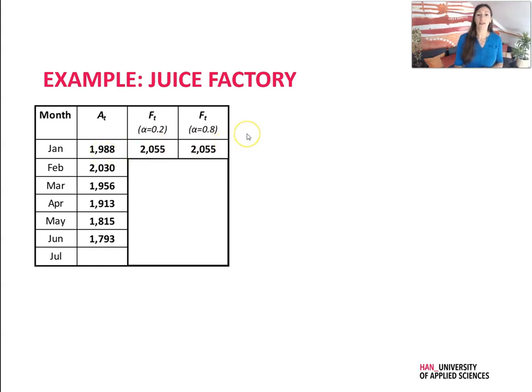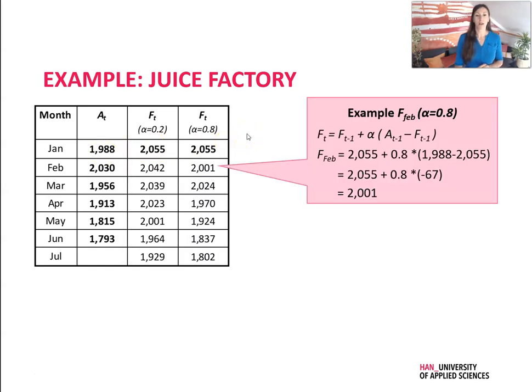So how do we calculate the exponential smoothing in these two cases? Here we have the details using alpha of 0.8. We say the forecast for February is equal to the forecast we had in January, the previous month, t minus 1, which was 2,055, plus alpha, in this case 0.8, multiplied by what we sold in January, 1,988, minus what we forecasted in January, again 2,055 units.